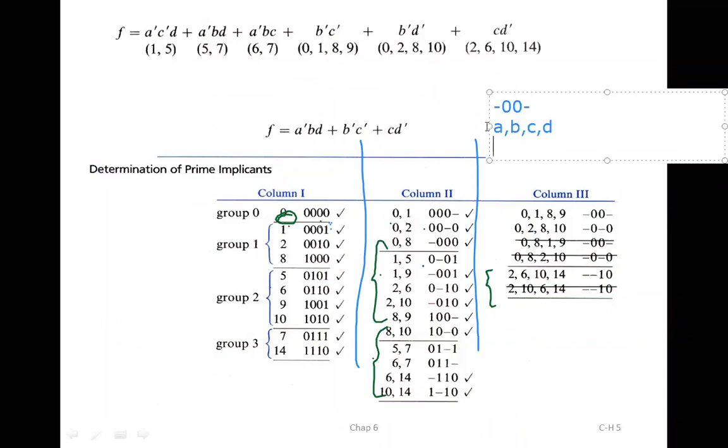There is no A. A is reduced. Only B is there. B is equal to 0. So B bar, C bar. Second one is B. So it is B bar because it is 0. Third one is C. So it is C bar because it is 0. And the fourth one is D.